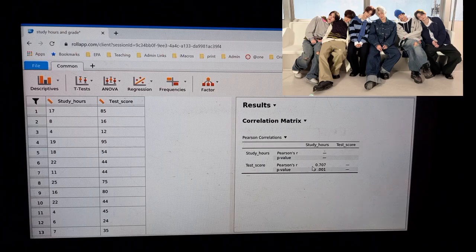So what we now know is that study hours is significantly related to test score, and it is a positive relationship because it is a positive 0.707. If it had been negative 0.707, it would have been a negative relationship. So we can interpret this positive relationship to say that the more hours someone studies predicts higher test scores.